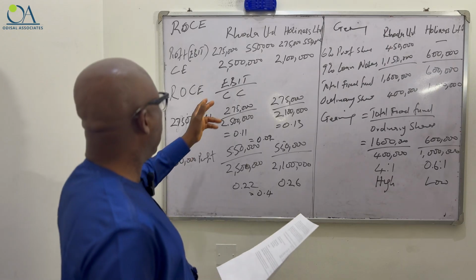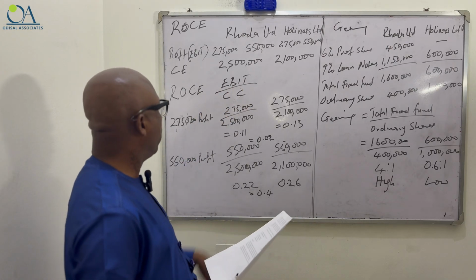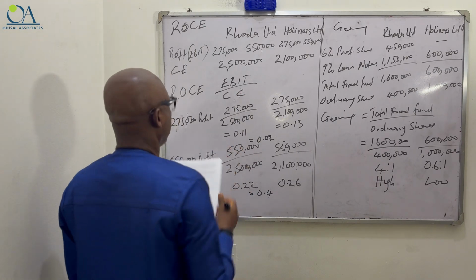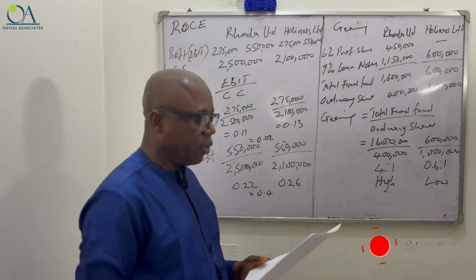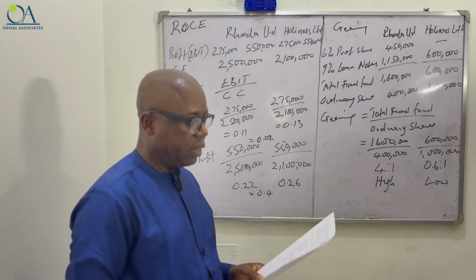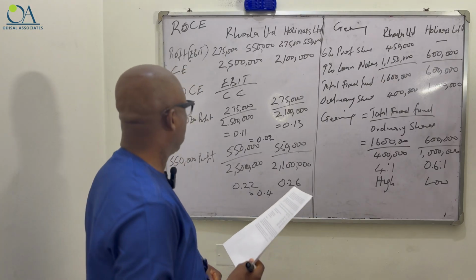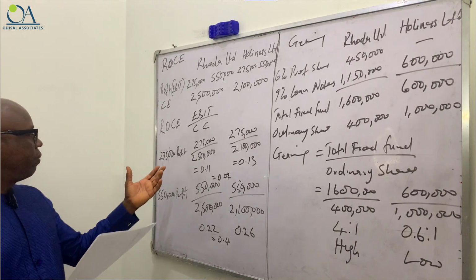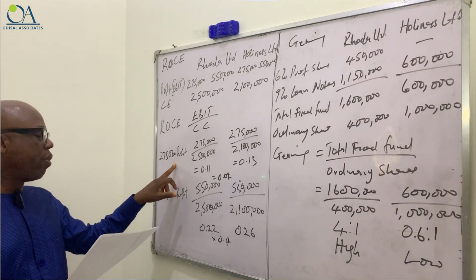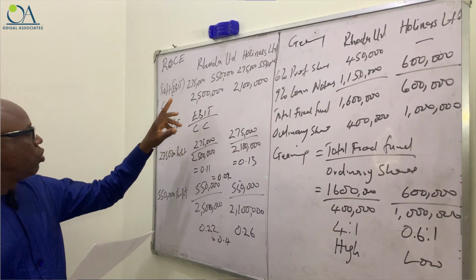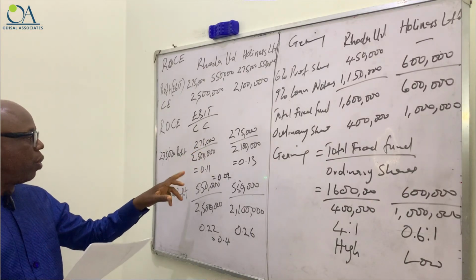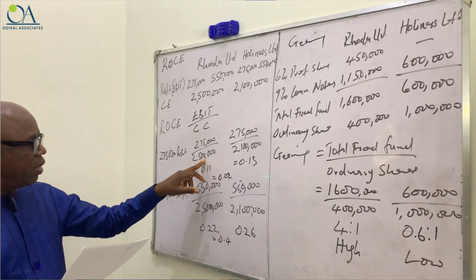And our ROCE is earning before interest and tax over capital employed. Here, the question has given us capital employed and earning before interest and tax. So we have to compute for 275,000 naira profit. For Rhoda, we have 275,000 over the capital employed of Rhoda, which is 2.5 million.